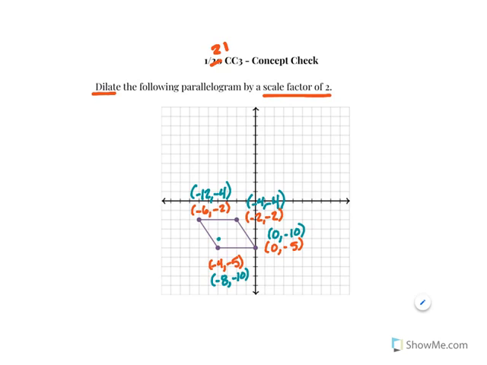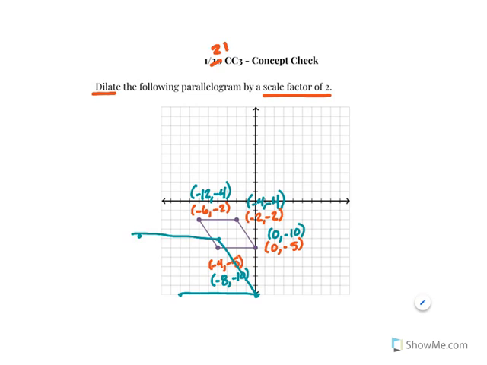That's 1, 2, 3, 4, 1, 2, 3, 4. So that's a new point. You have 0, -10. You have -8, -10. And you have -12, -4, which is actually going to be out here. So these would be your new points.